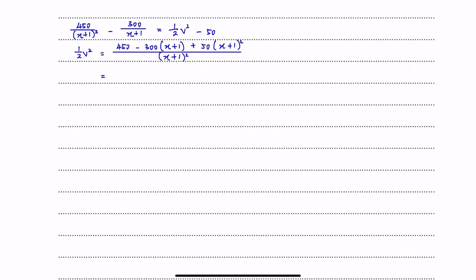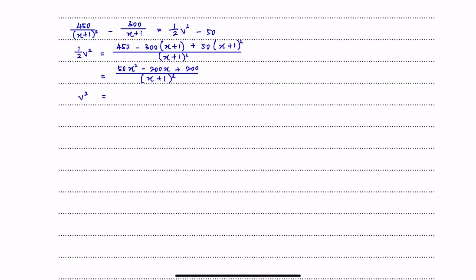And this would be equal to 50x squared minus 200x plus 200 over (x plus 1) squared.